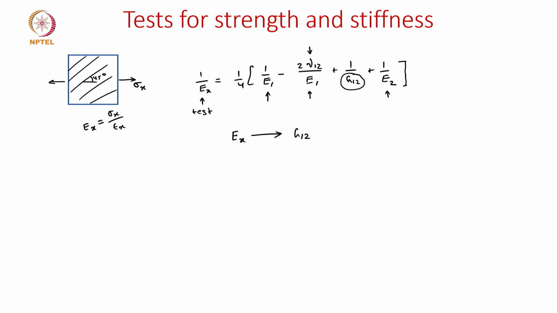So though people use this test, it's not the best test, because even in this condition there are some problems. How we hold the specimen is important, because if you look here, it's a generally orthotropic material, meaning there is extension shear coupling. When there is extension shear coupling and we apply, let's say, a uniaxial stress, then it's bound to have some shear.